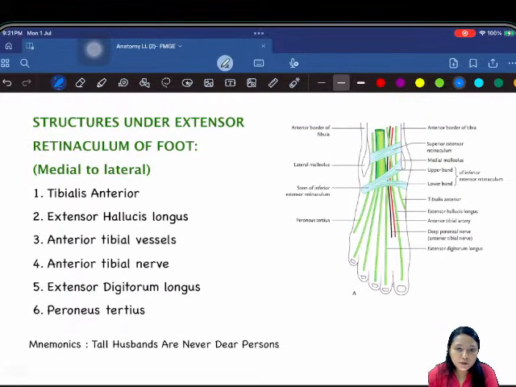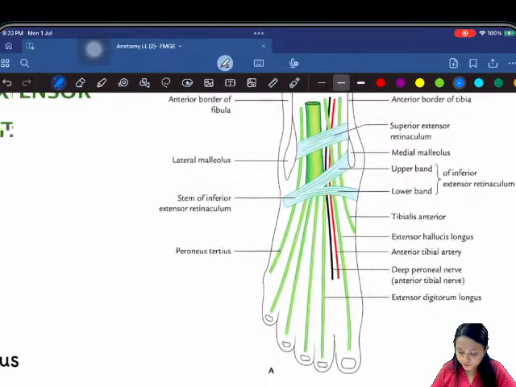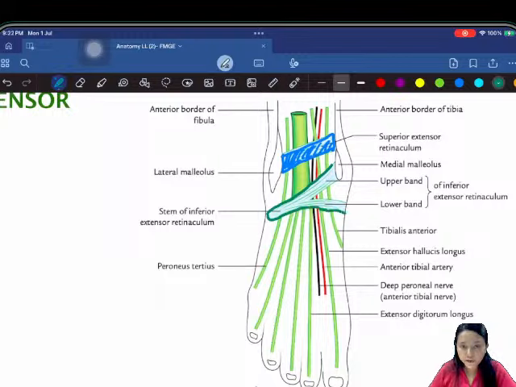Now, on the dorsum, you have a retinaculum that is known as the extensor retinaculum of the foot. So, you have two extensor retinacula. The superior one, okay, it is just a broad band, and the inferior one, important, that is Y shaped. The inferior retinaculum is Y shaped.